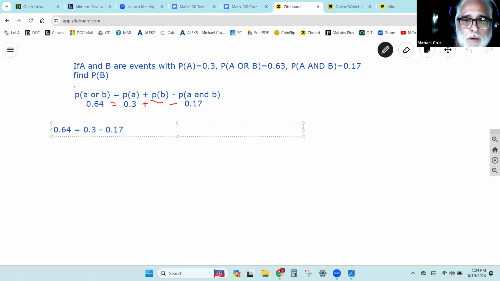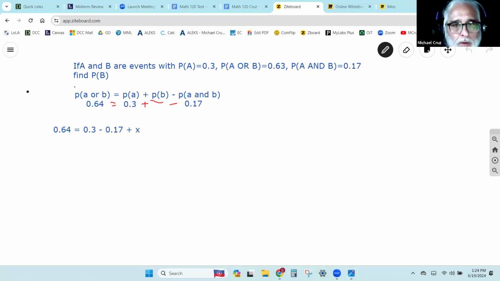I'm going to stick the probability of B here. I'll treat it like a variable. We can just treat it as X. That's the one underlined in red. Now we're going to do a little bit of algebra, and this is really the only problem in here that's got any algebra in it.